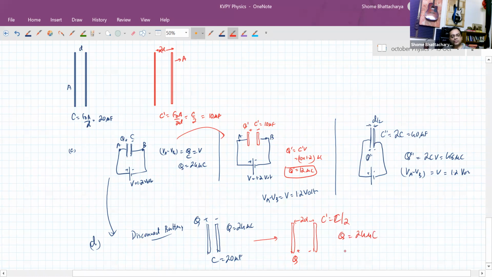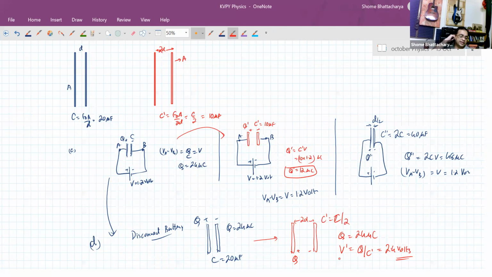The voltage across the capacitor has become 2.4 volts. So charge remained conserved, but capacitance changed, so potential changed. Whereas in the C case, I kept the potential constant because I kept the cell or the battery connected. So charge got disturbed, whereas the potential difference remained constant.